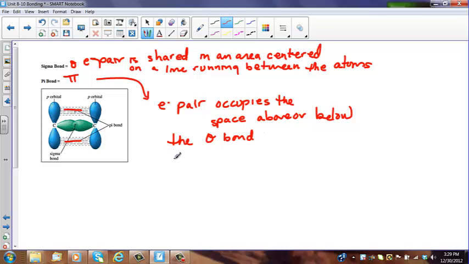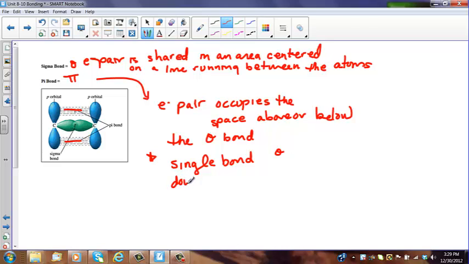Okay, what is extremely important that you know is that a single bond is made up of only sigma bonds.